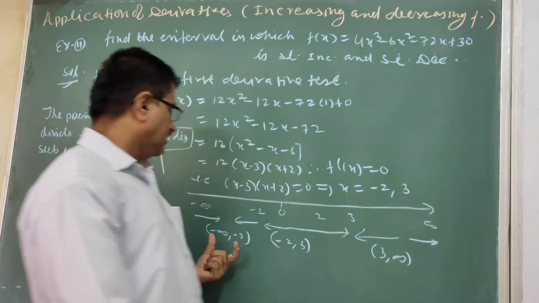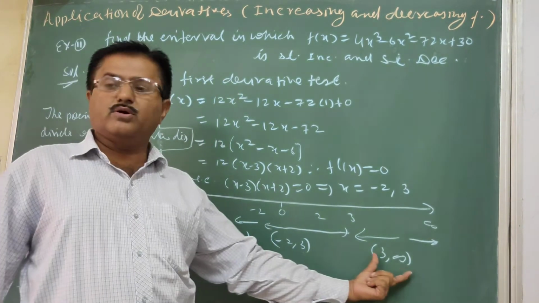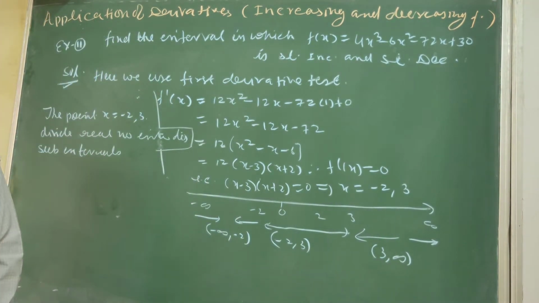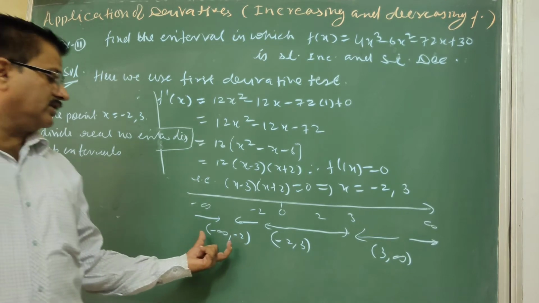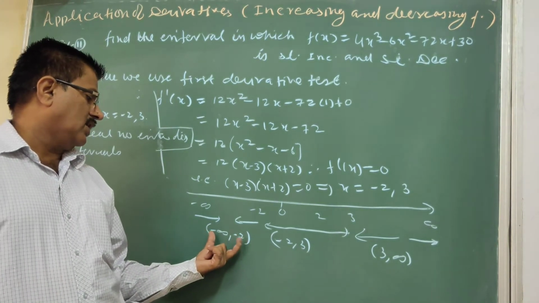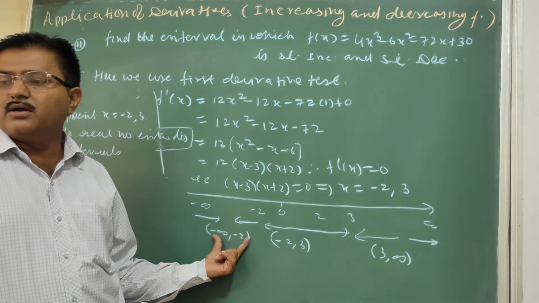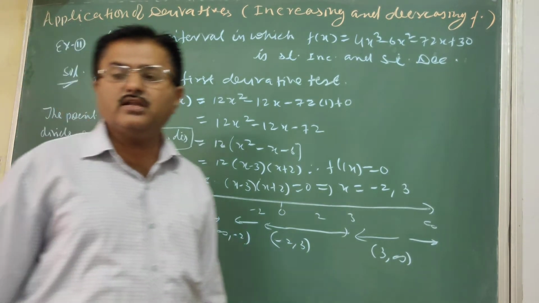We are using the open bracket here because these are disjoint intervals. This is clear?